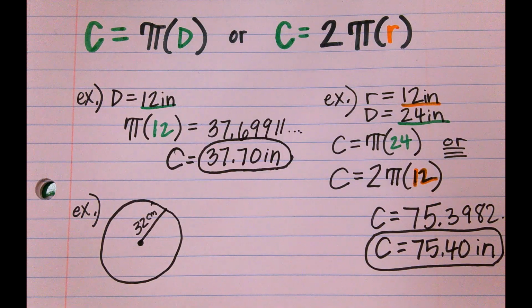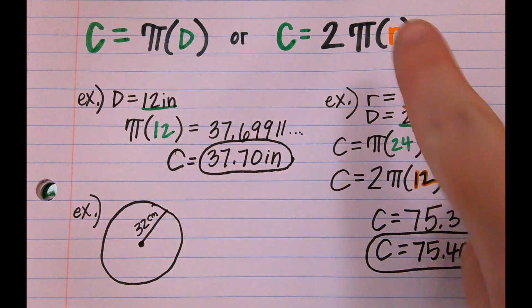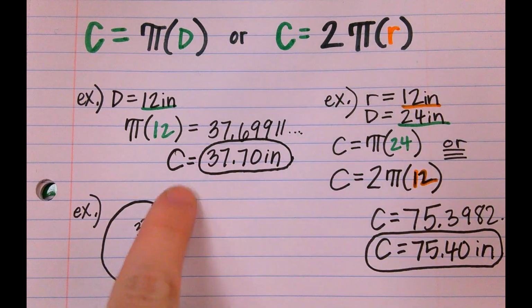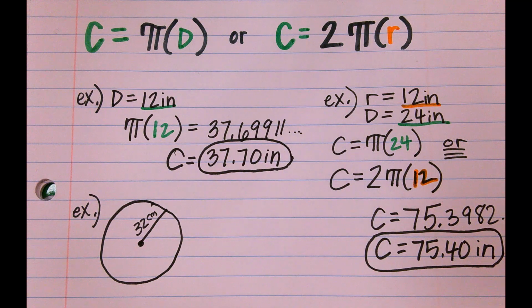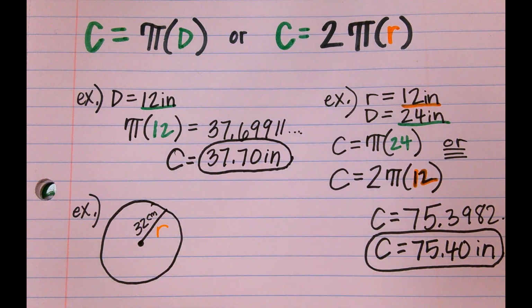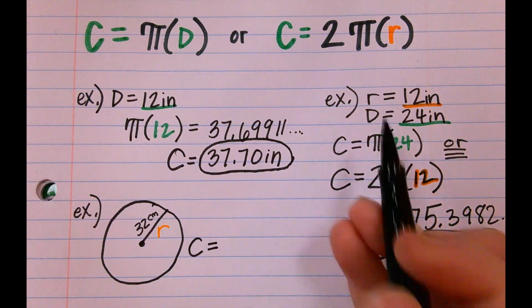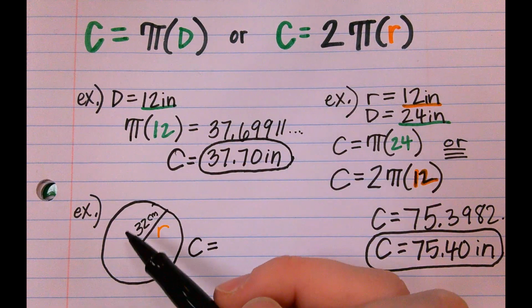How could I find my circumference with this picture I've given you? 2 pi times 32. Yes, we can use the second formula. 32 is a radius, so we want to use that radius formula. My radius is 32. So I'm going to write circumference equals 2 pi 32.